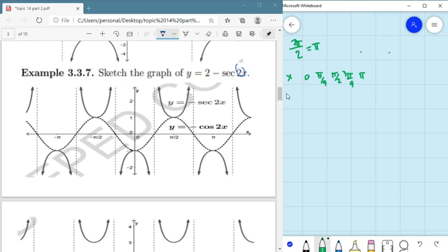So, our y now: 2 times 0 is 0. So, negative cosine of 0 is, cosine of 0 is 1 times negative is negative 1.